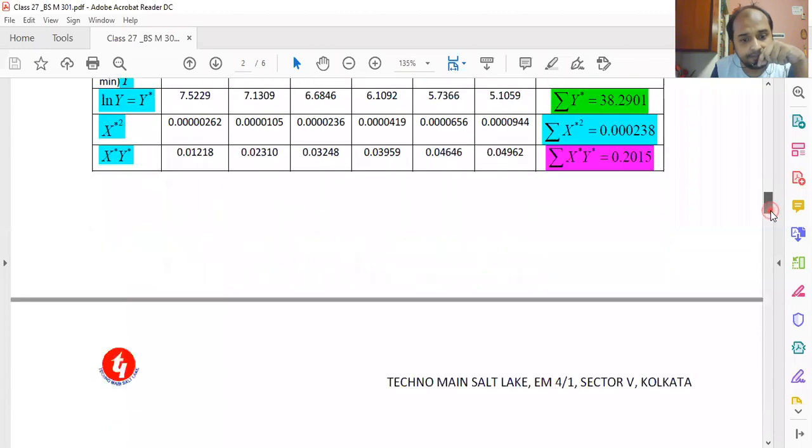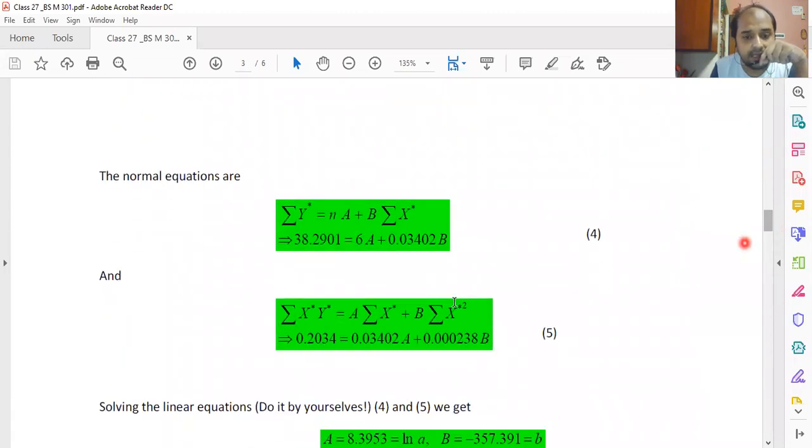After this, we put the values in the respective places of the normal equation, one by one, and we get equation 4 and equation 5. Your next job is to solve equations 4 and 5 by the usual approach, because you know how to solve linear equations. Equations 4 and 5 are linear in the variables a and b, because the powers of a and b are 1.